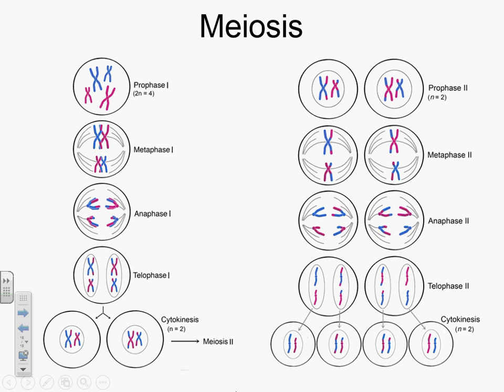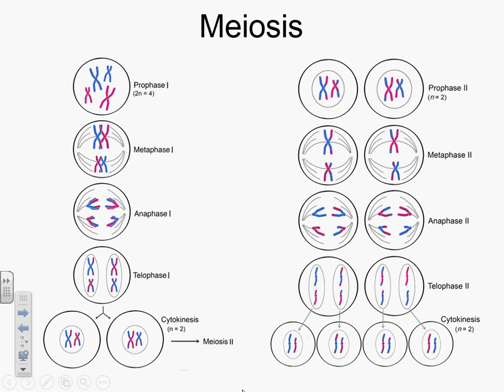There are plenty of nice straightforward diagrams of meiosis. This was what I was trying to avoid drawing when I did the introductory diagram, and this was what I had in my head. You've got division 1 on the left-hand side here, and I didn't want to go through the crossing over and all the phases.